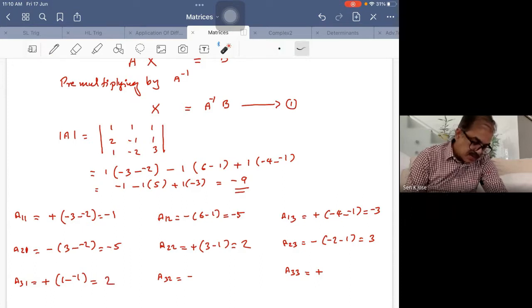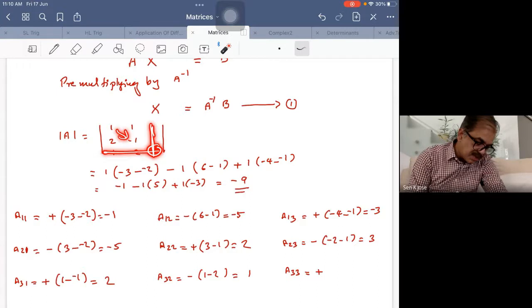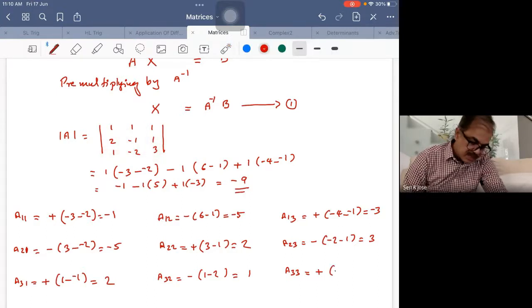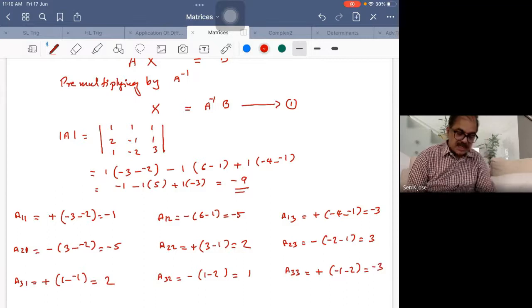Then A32, this is the element, delete the row and the column it contains, cross multiply. 1 minus 2, which is 1. Now A33, that's the element, delete the row and the column it contains, cross multiply. Minus 1 minus 2, which is minus 3.